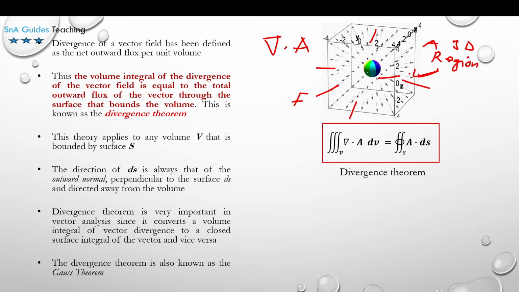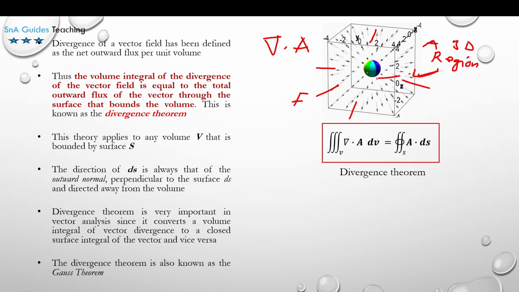The divergence theorem tells us that these two approaches are going to give us exactly the same answer always. The theorem states that the volume integral of the divergence of the vector field is equal to the total outward flux of the vector through the surfaces that bound the volume.